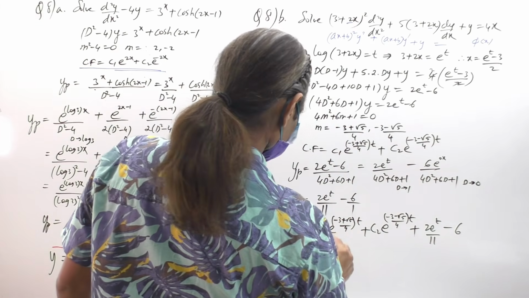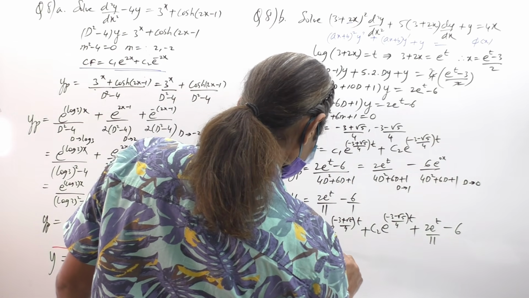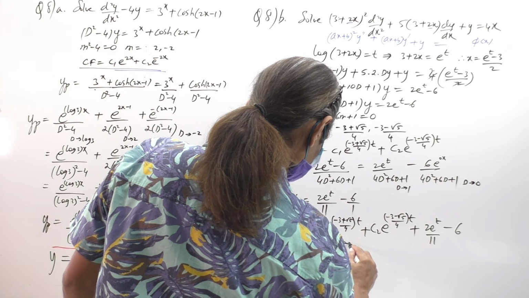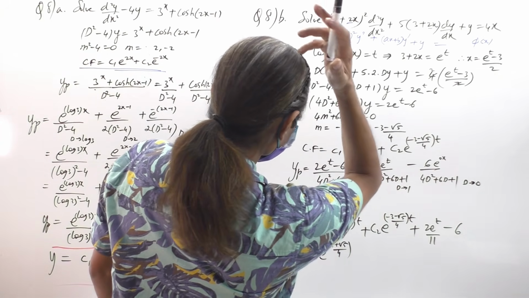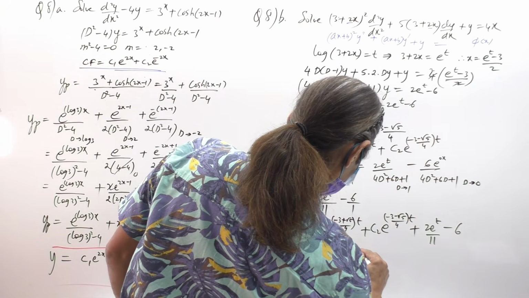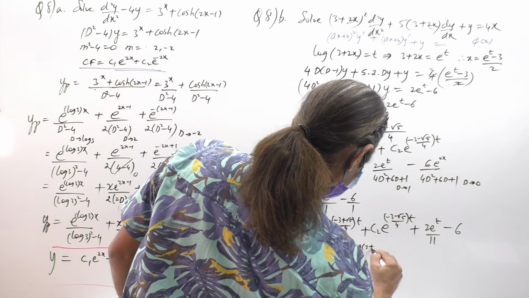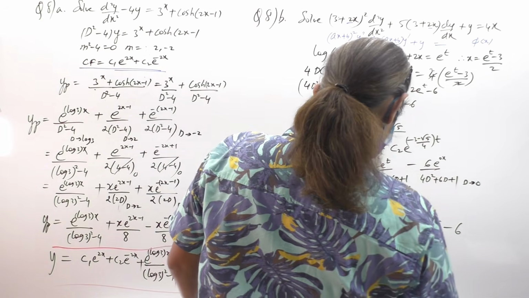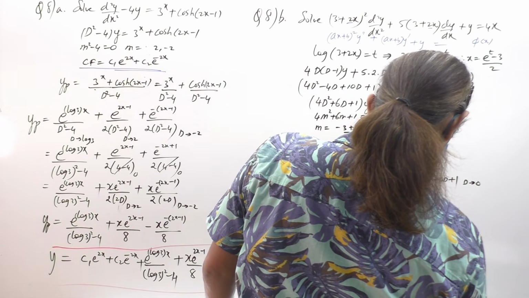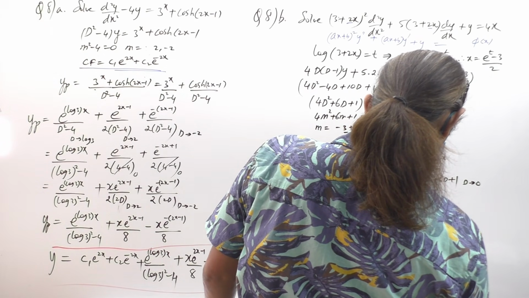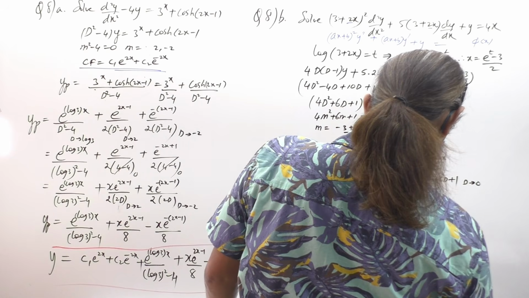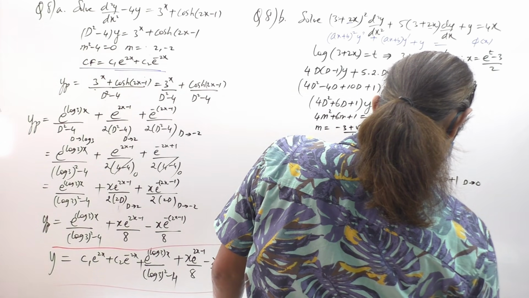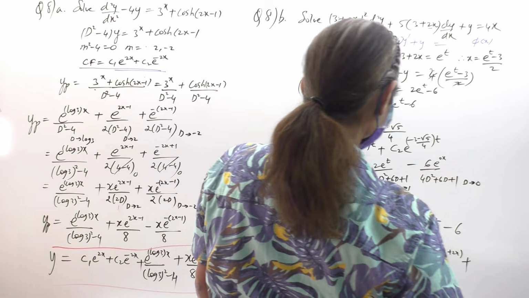What is t here? t is log(3 + 2x). So C1 e raised to (−3 + √5)/4 into log(3 + 2x) plus C2 e raised to (−3 − √5)/4 into log(3 + 2x) plus 2e^t.